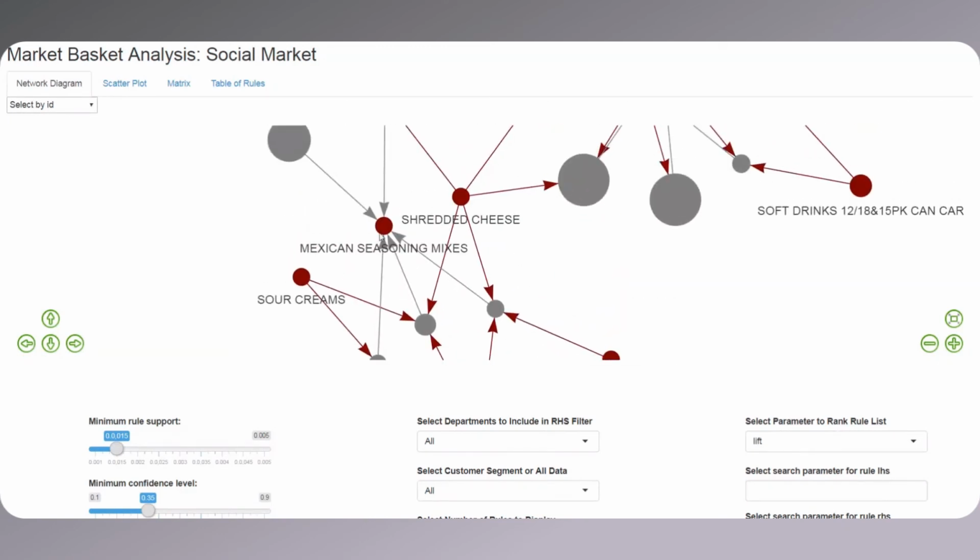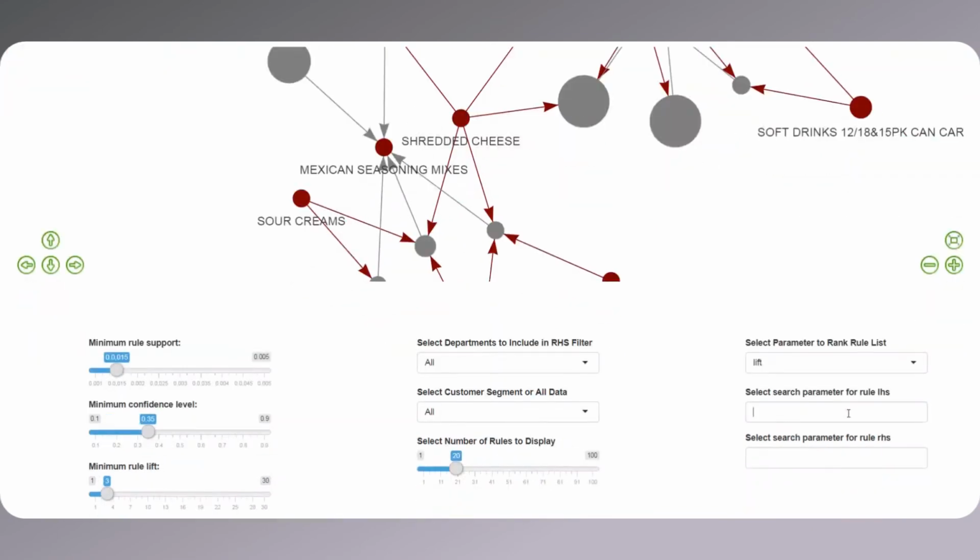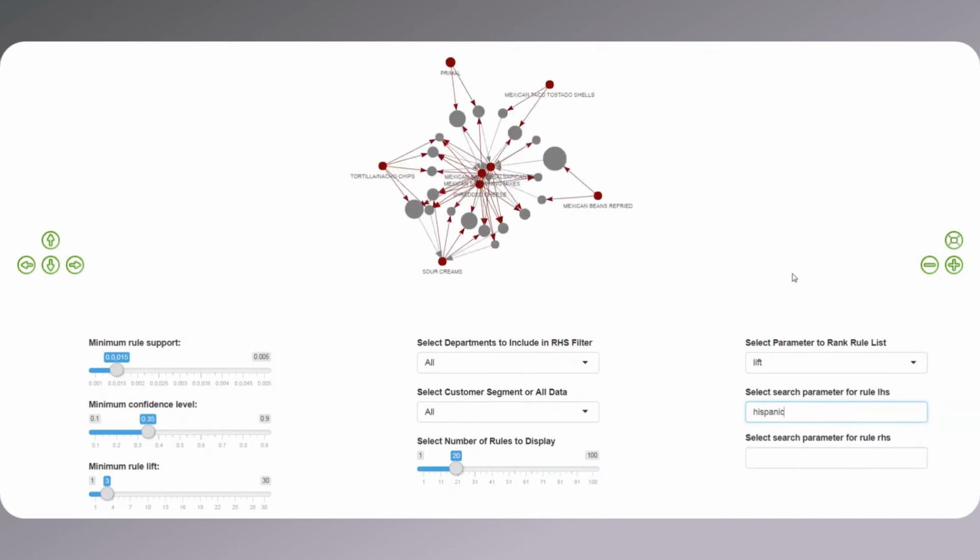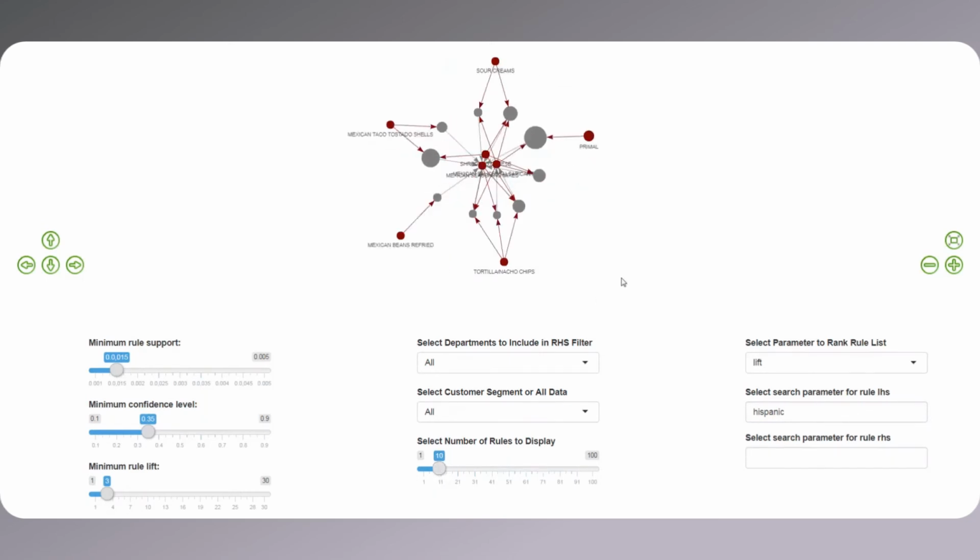So we'll focus more on these set of items by filtering the left-hand side on what Social Market terms the Hispanic category. And to get a cleaner look, we'll narrow it down to just 10 rules.